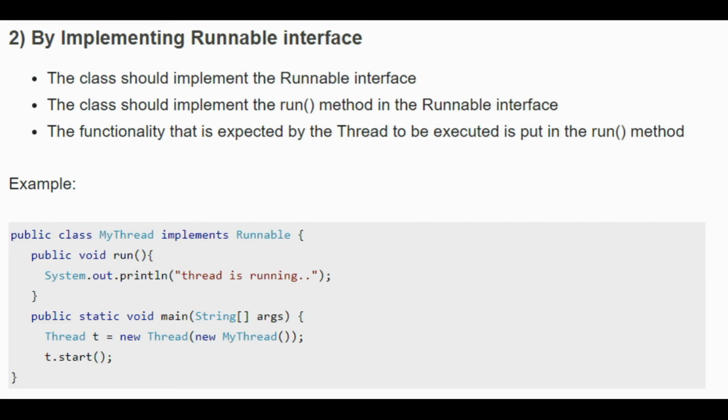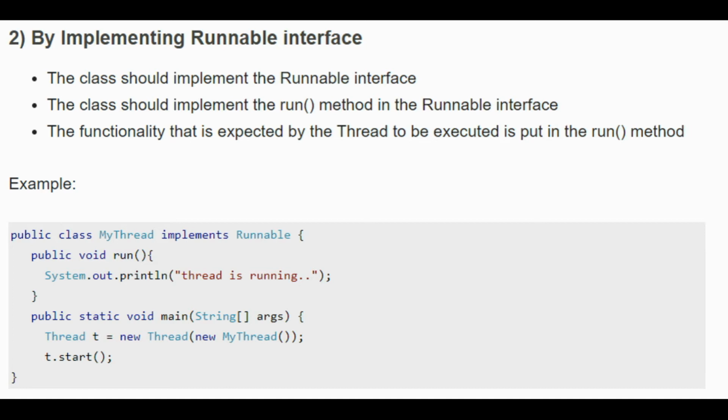Second one is by implementing the Runnable interface. Here we are going to study how to create a thread using the Runnable interface. The class should implement the Runnable interface. The class should implement the run method in the Runnable interface. The functionality that is expected by the thread to be executed is put in the run method. For the example, first look in the main section: Thread t equals new Thread, and it has the reference of the MyThread class given above.